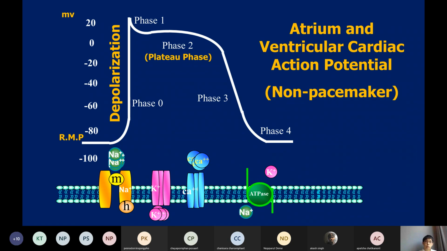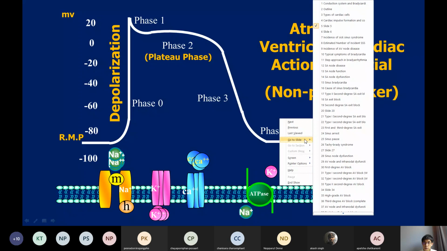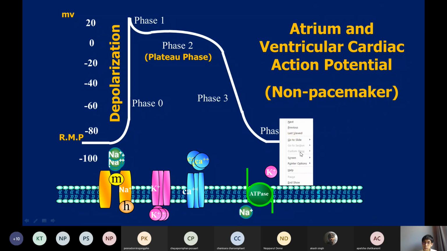This phase maintains the negative state of the cells, which is around minus 90 millivolts. The ion channels which maintain the negativity of the cells are the sodium channel and potassium channel, the green color on the slide. These are the ion channels which maintain the resting membrane potential.